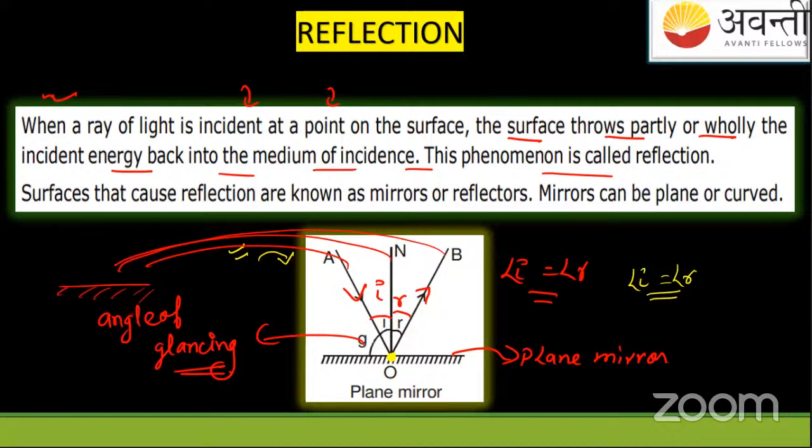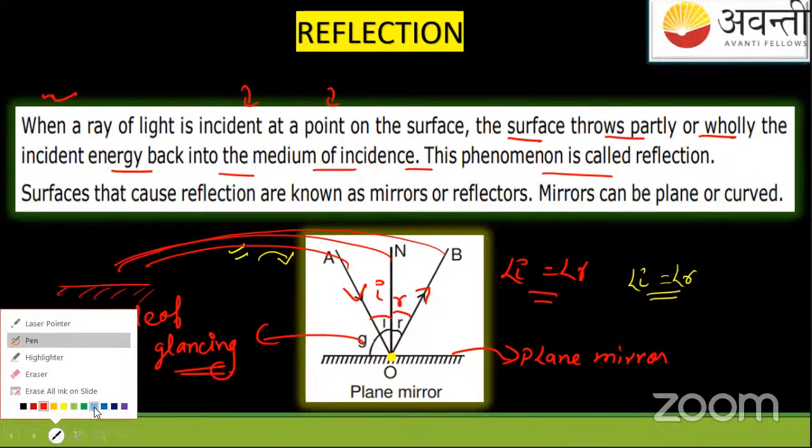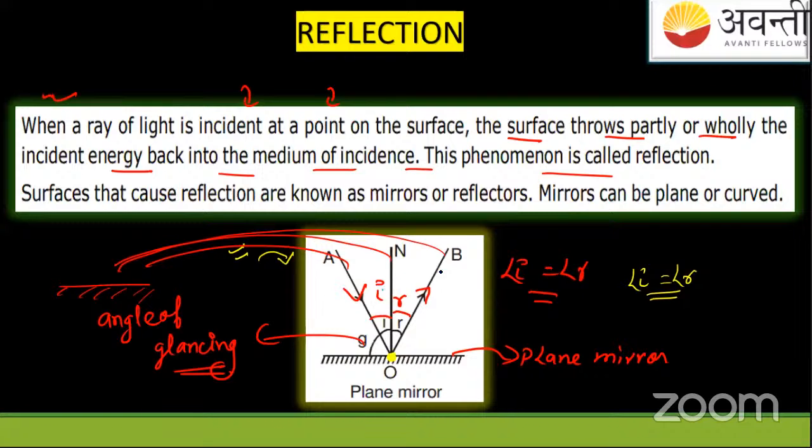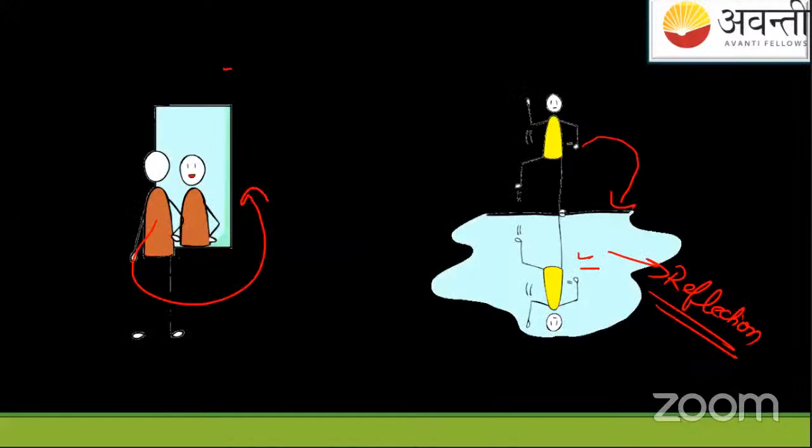Here I is known as the angle of incidence, R is the angle of reflection, and G is the glancing angle. O is the point of incidence. So this was the phenomenon of reflection.